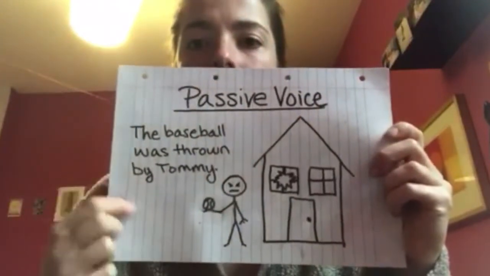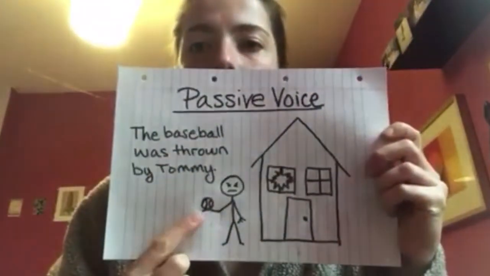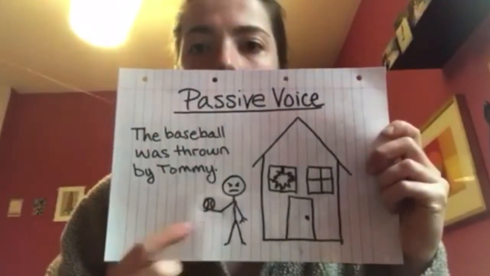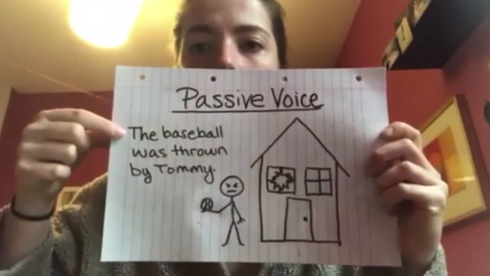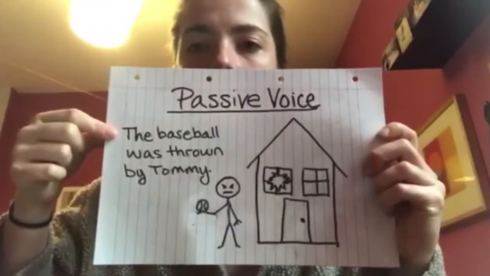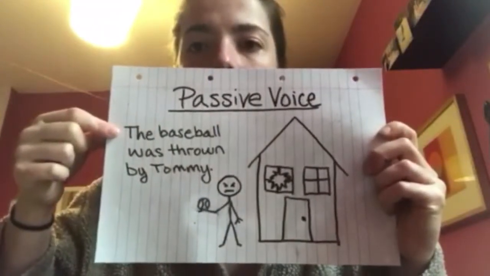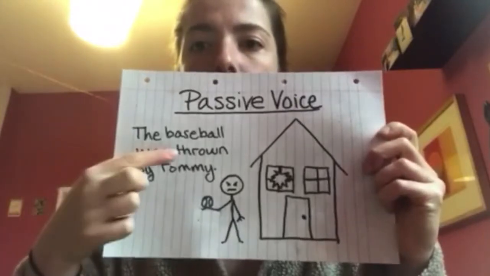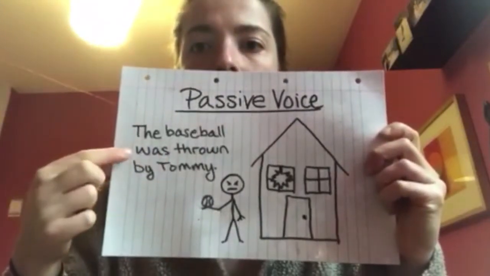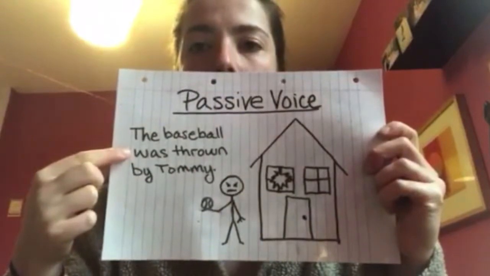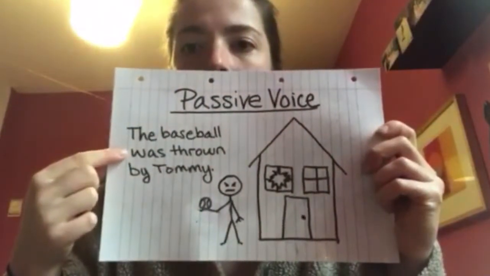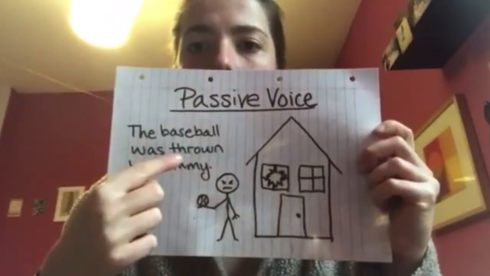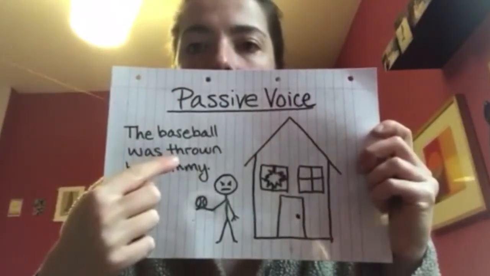In this sentence, the baseball is more important, the object. So we start with the baseball at the beginning of the sentence. Then we have the passive form was thrown. We have the verb to be in past form, was, and the past participle of to throw.